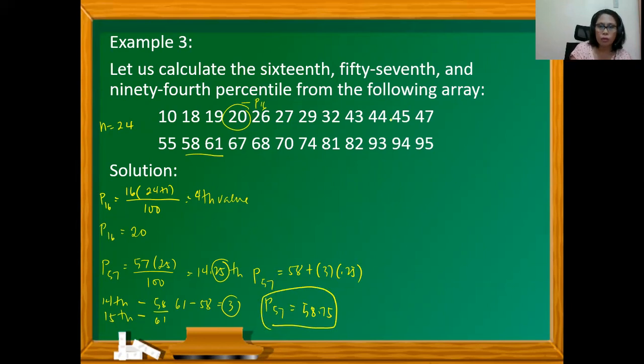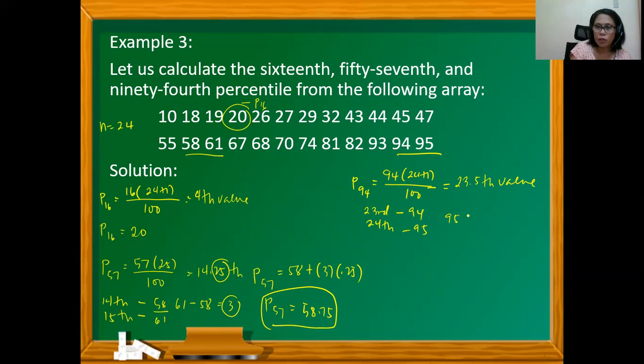So how about P sub 94? This is equal to 94 times (24 plus 1) all over 100. So we are working on the position first. So this is 94 times 25 divided by 100. So this gives us 23.5. So the 23.5th value. So we have to consider the 23rd value and the 24th value, which is 94 and 95.